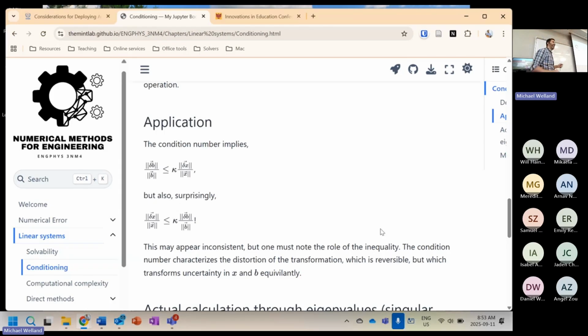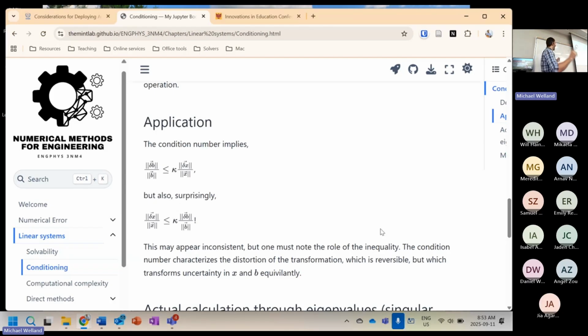You had a question? Because you look at your condition number. You calculate your condition number, and when you do, it will tell you.